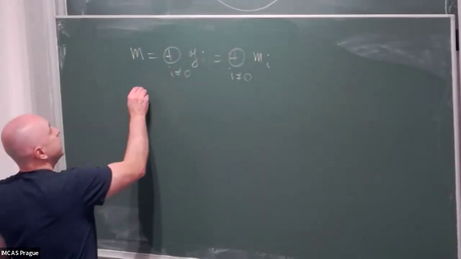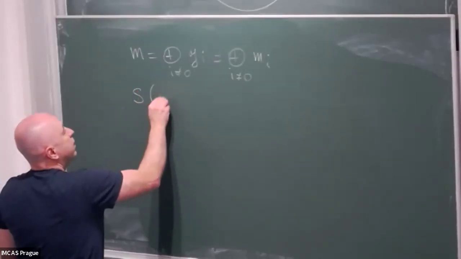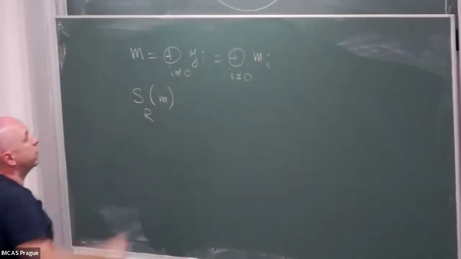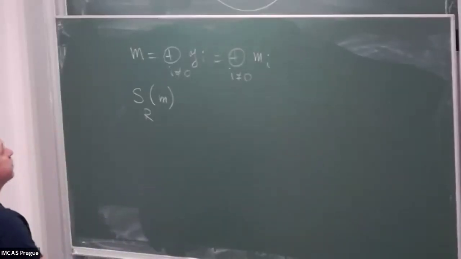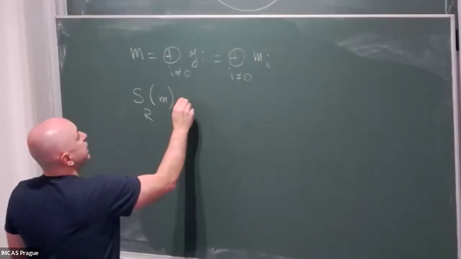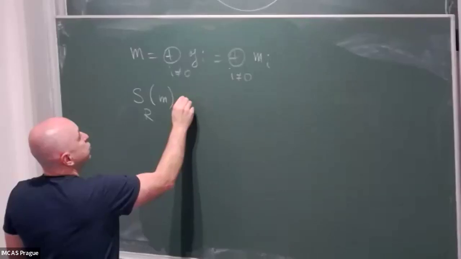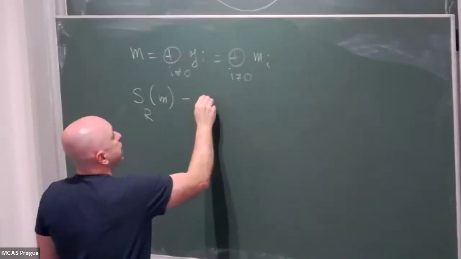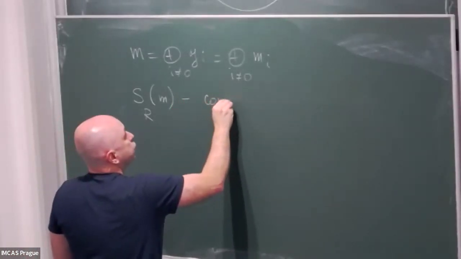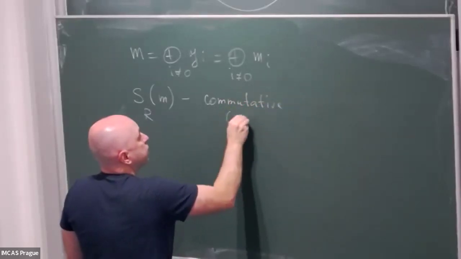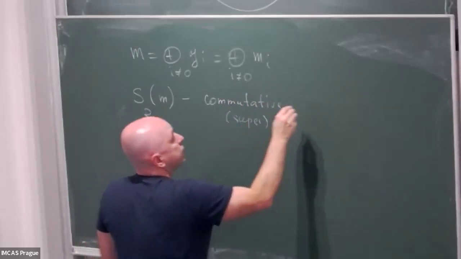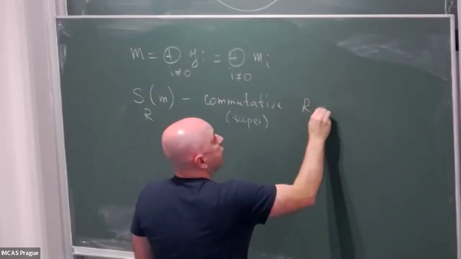So let's take the symmetric algebra of M over some commutative ring R. In general, in this case, it will be functions on G0, for instance. Then this will be a commutative or supercommutative R-algebra.